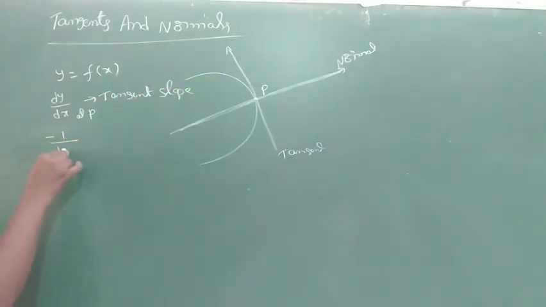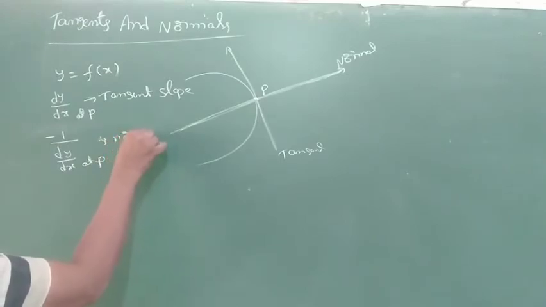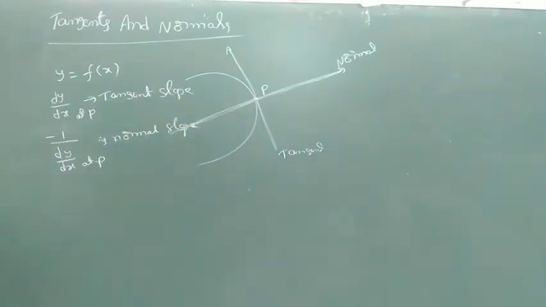Minus 1 by dy by dx at P is called the normal slope. How to find the tangent slope? The derivative of the given curve with respect to x at P. Normal slope means minus 1 by dy by dx at P.